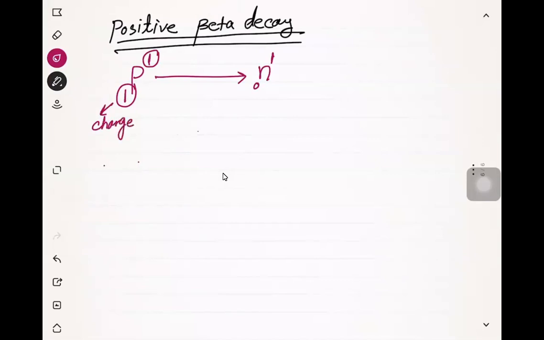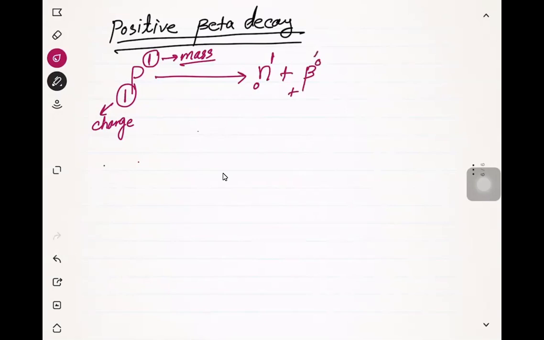This is a standard notation. Below the symbol we write the charge and above the symbol we write the mass number. Then we have neutron and the charge is not balanced. On the left hand side we have a proton. When it is proton to neutron, it is the positive beta that is emitted.